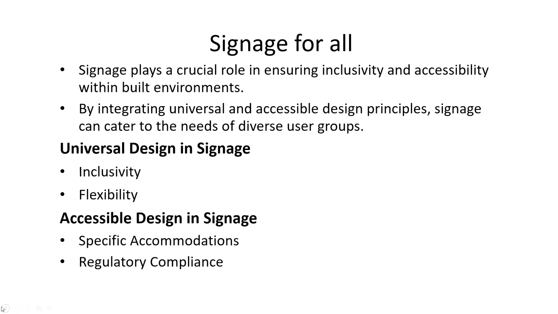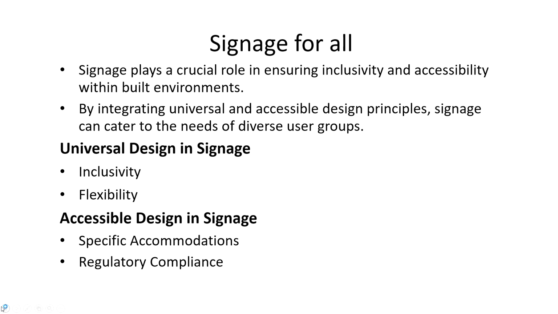Universal design is all about making sure everyone, regardless of their age or ability, can use and understand the signage easily, which we call inclusivity. This means creating signage that is clear, simple and easy to navigate for everyone who encounters it.